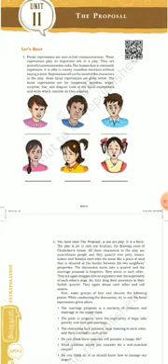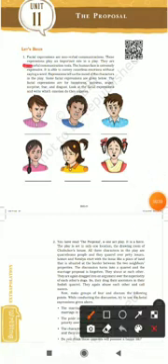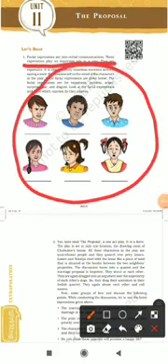So dear students, here in this exercise you can see some faces are presented. You can see in the picture these faces are expressing certain emotions. So accordingly you have to find out whether they are showing happiness, sadness, anger, surprise, fear and disgust.